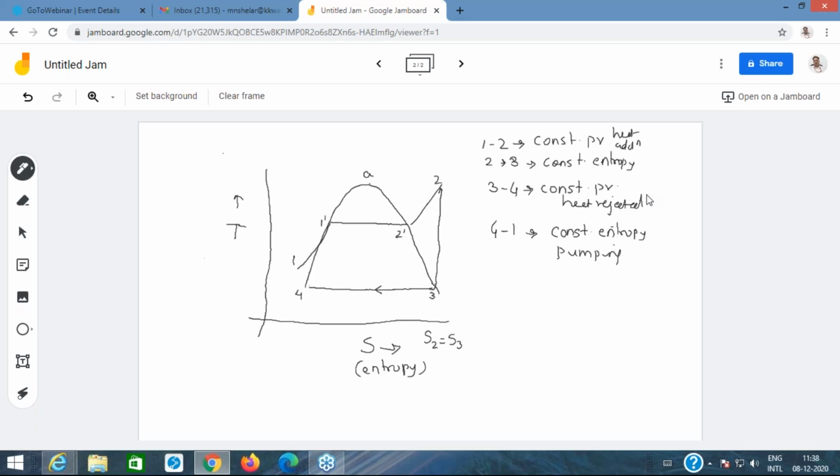Pumps the water from the condenser pressure up to the boiler pressure, and this happens at a constant entropy. So again, I need to draw 4-1 as a vertical line. Why should I draw 4-1 as a vertical line? Because I am drawing a temperature entropy diagram, and entropy at 4 is equal to entropy at 1.